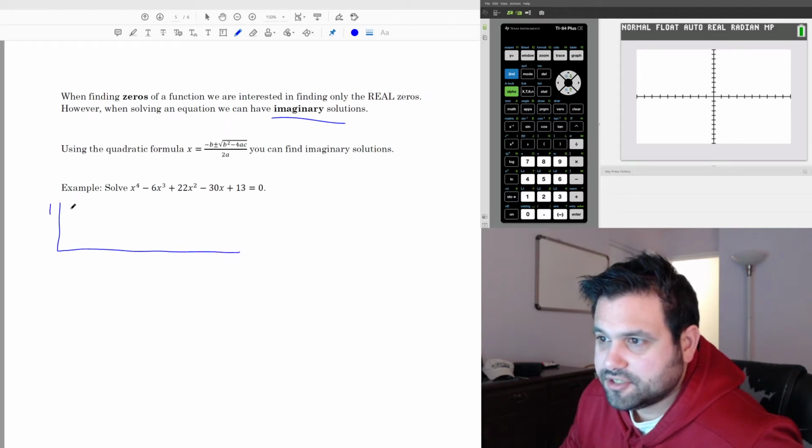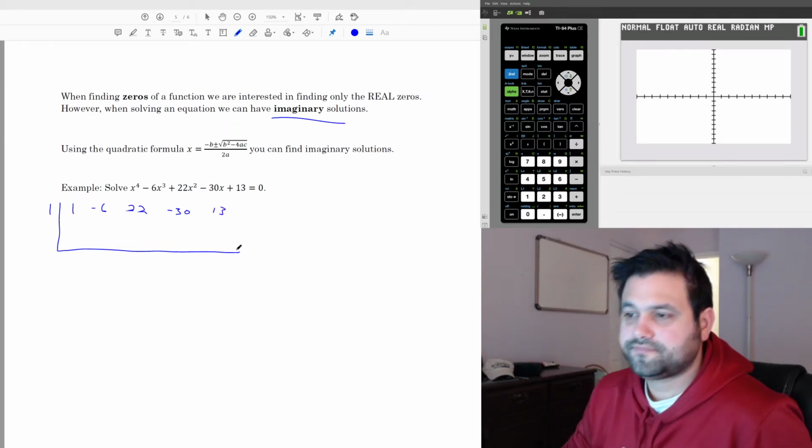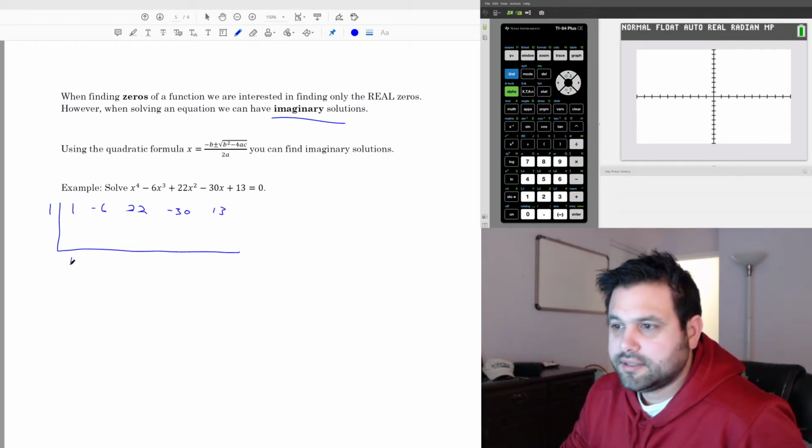And my coefficients are 1, -6, 22, -30, and 13. And so let's do our synthetic division.